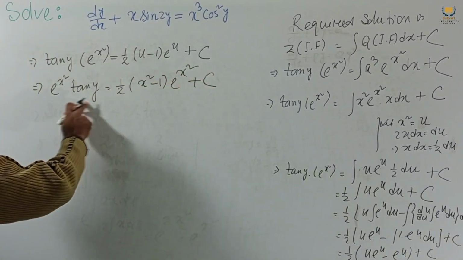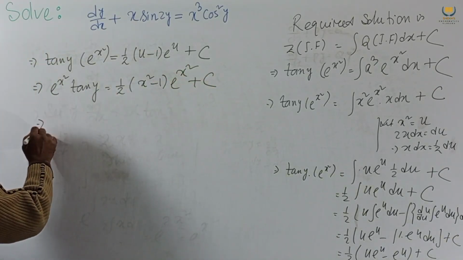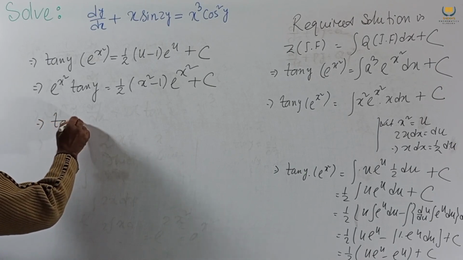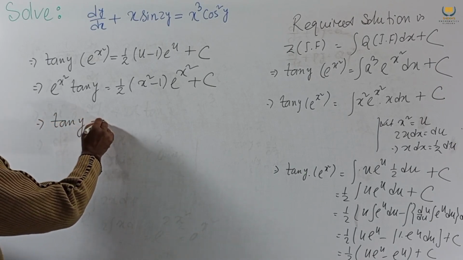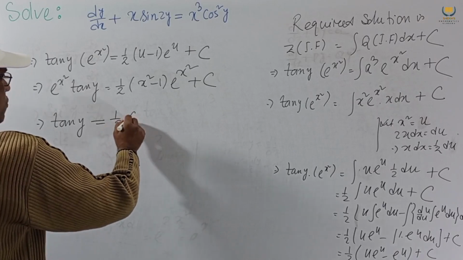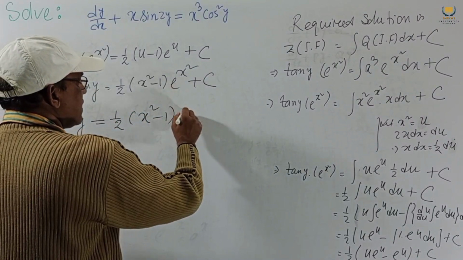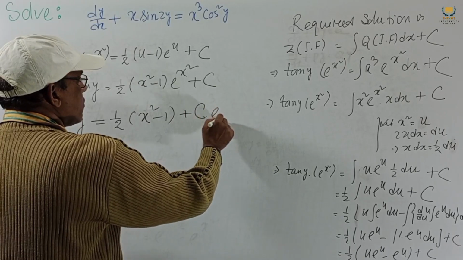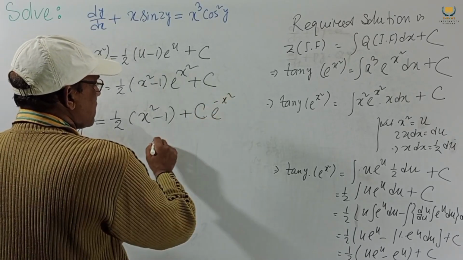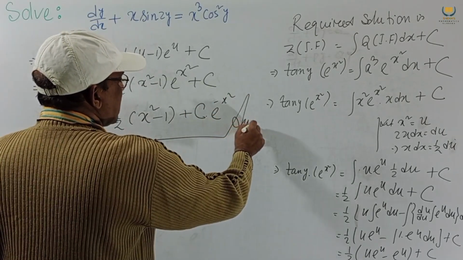Dividing both sides by e to the power x square, we get tan y equal to 1 by 2 (x square minus 1) plus c e to the power minus x square, and this is the final answer.